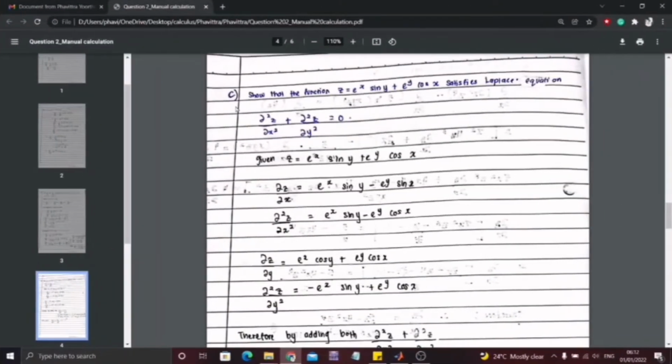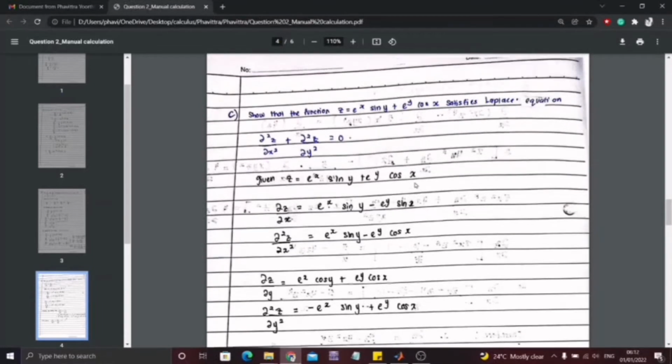For the next question, question 2c, show that the function z equals exponent x sine y plus e y bracket 0 equals x satisfies the Laplace equation, where d square z over dx square plus d square z over dy square equals 0.